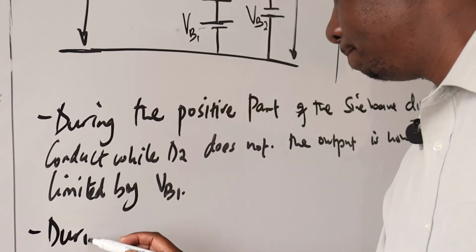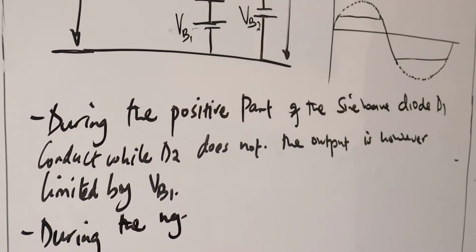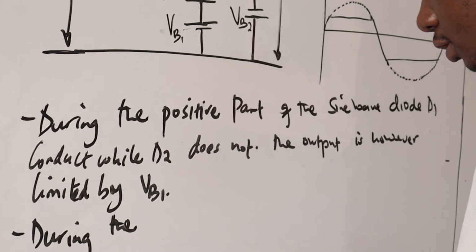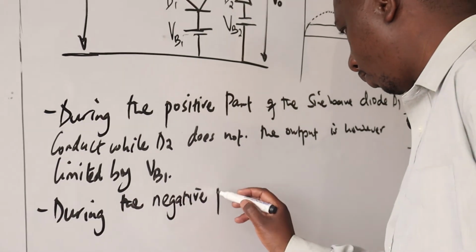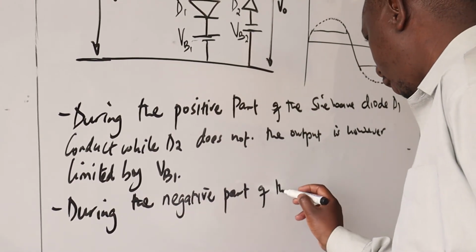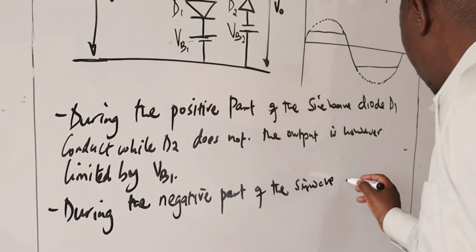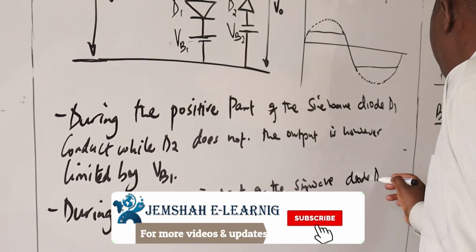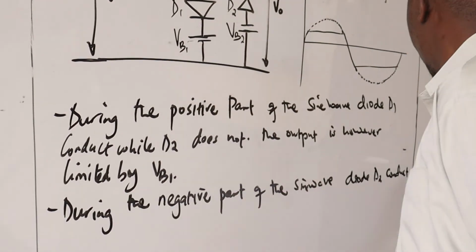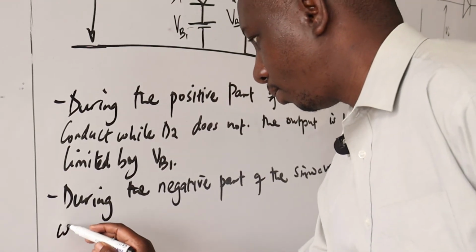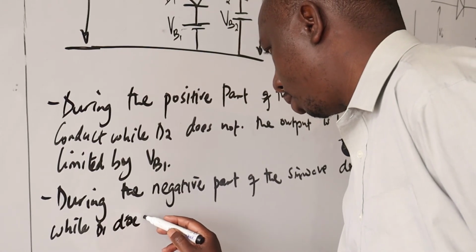During the negative part of the sine wave, diode D2 conducts while D1 does not.